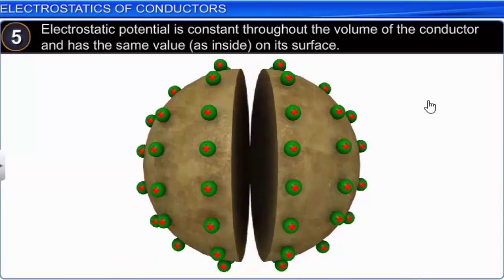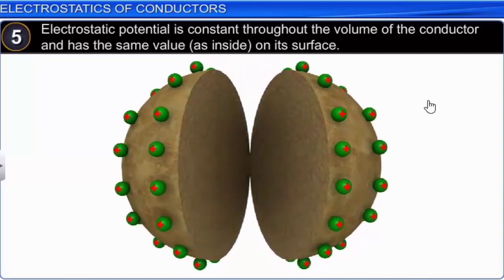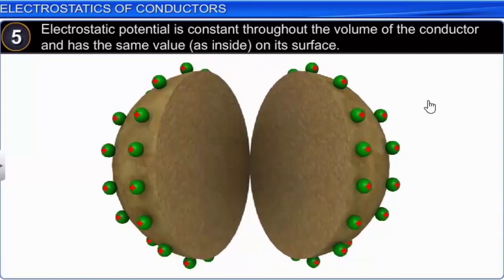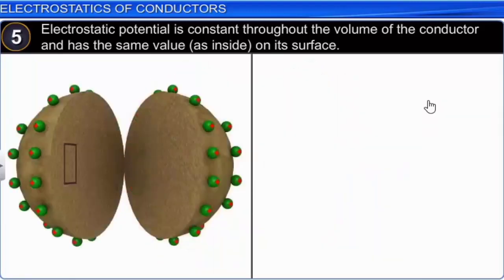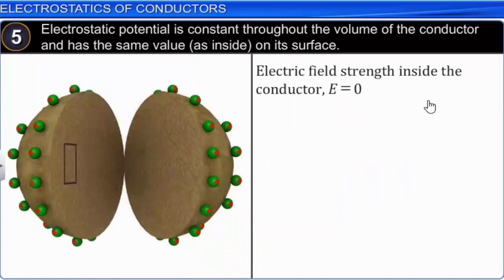Electrostatic potential is constant throughout the volume of the conductor and has the same value as inside on its surface. Inside the conductor, the electric field strength E is equal to 0.